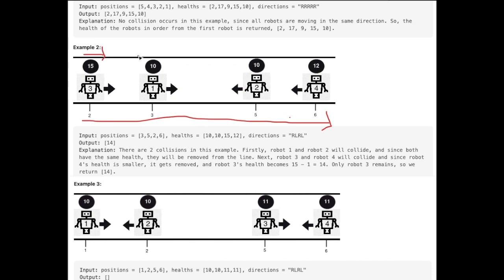If it is going right, it doesn't mean that it will not have a collision. It just means that even if it had a collision, it will not happen on the left-hand side because it is going right. That's the key point. Because we are visiting from left to right, even if it had a collision, it wouldn't happen with the previous ones.